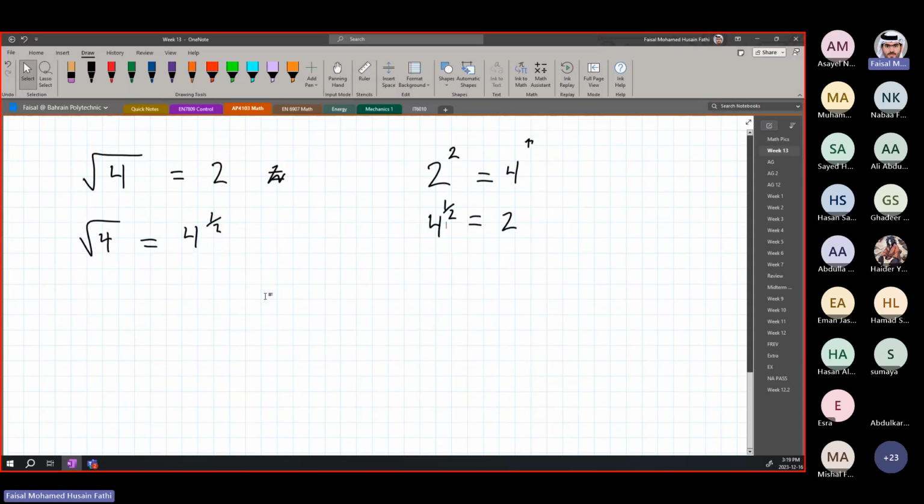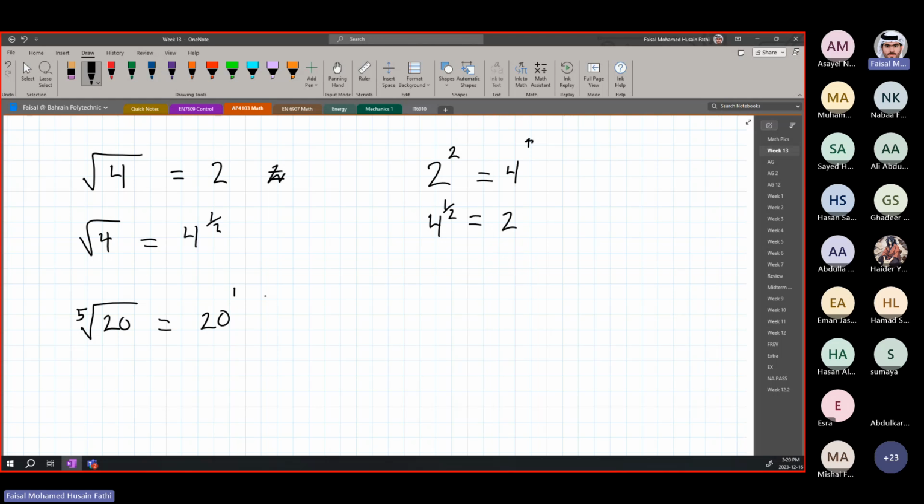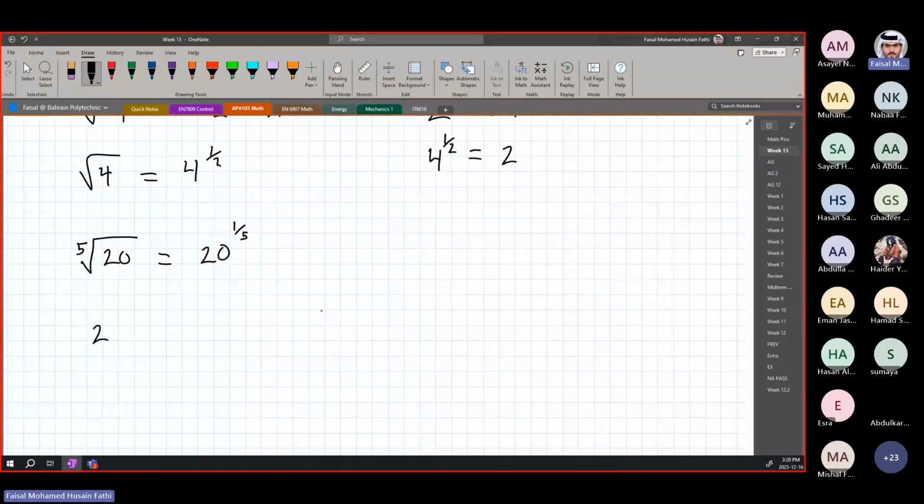It's the same case for any type of root. So let's say we have the fifth root of 20, for example. This is the same as saying 20 to the power of 1 over 5. Now let's say we have 20 cubed under the fifth root.